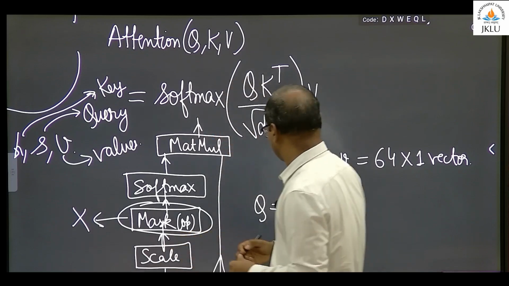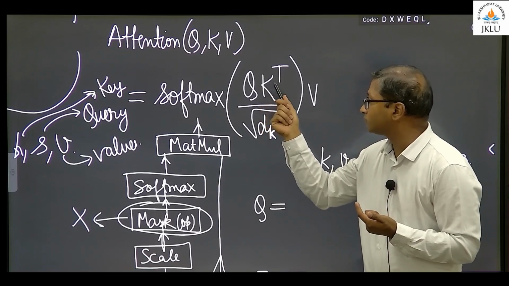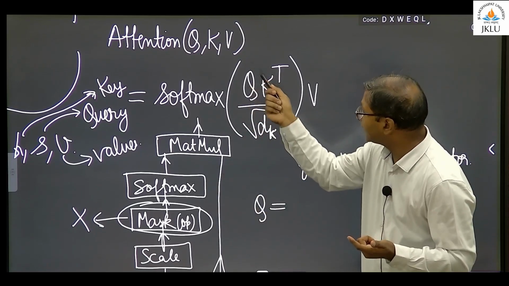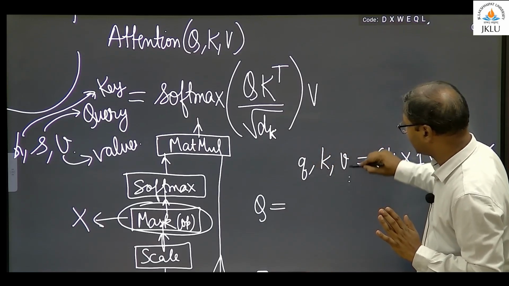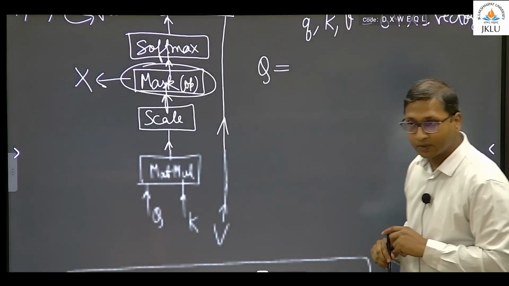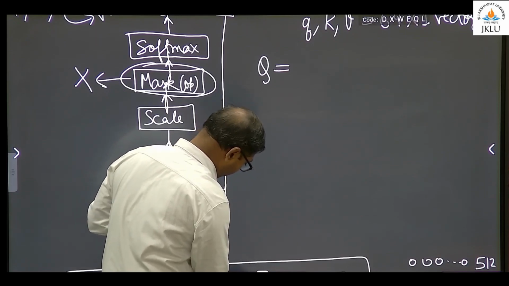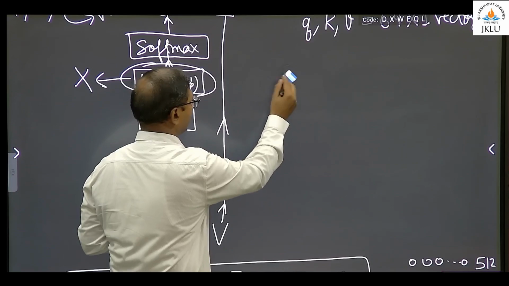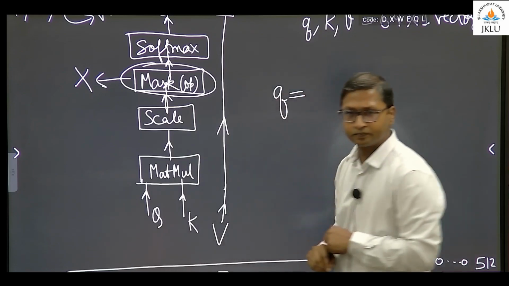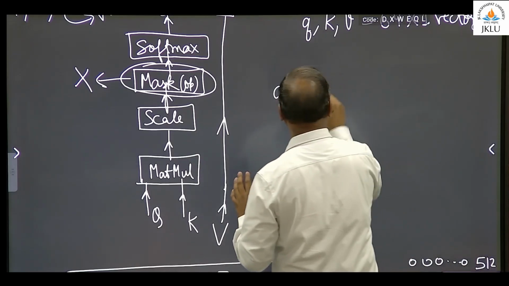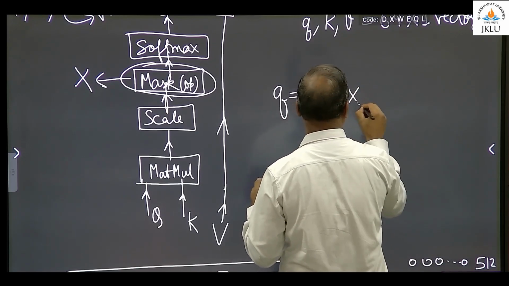Now the first question is, how do we get these vectors? They are a function of the input. How do you get vector q, for example? Right now I am not talking about a tensor, just the vector q. There is a matrix Q and you multiply that with the input.